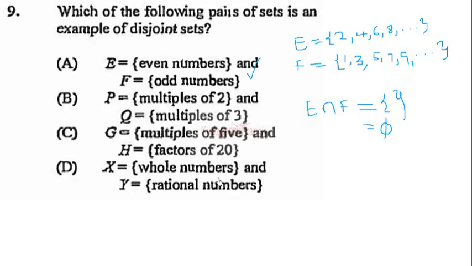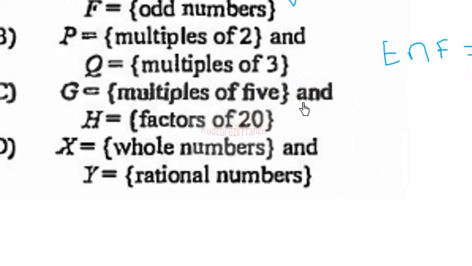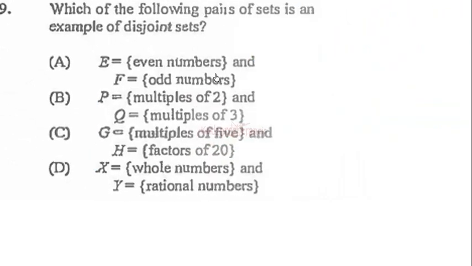So the correct answer will be option A. For the remaining options, we can see that they have intersections, so they cannot be disjoint sets and are not the correct choices.